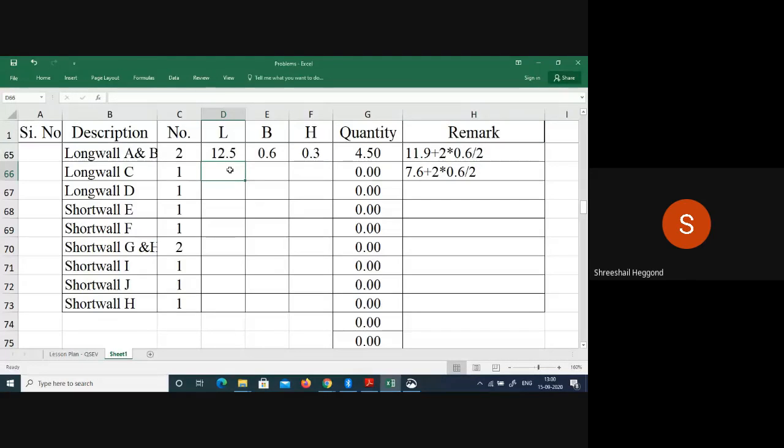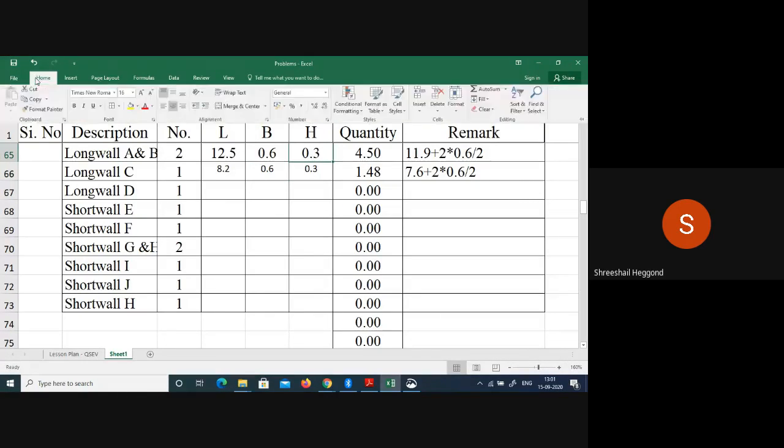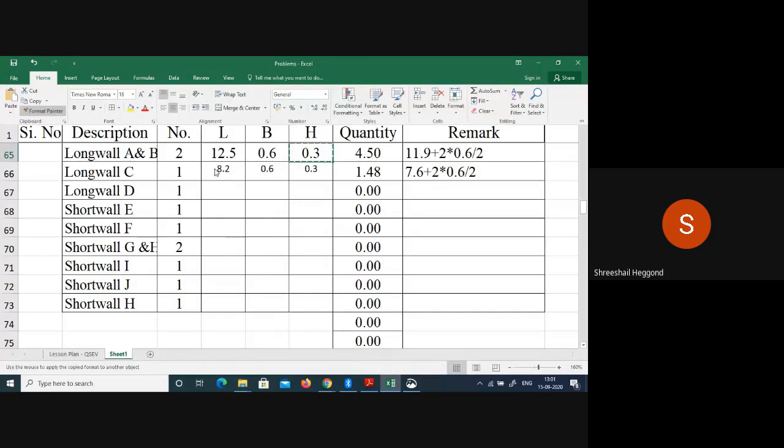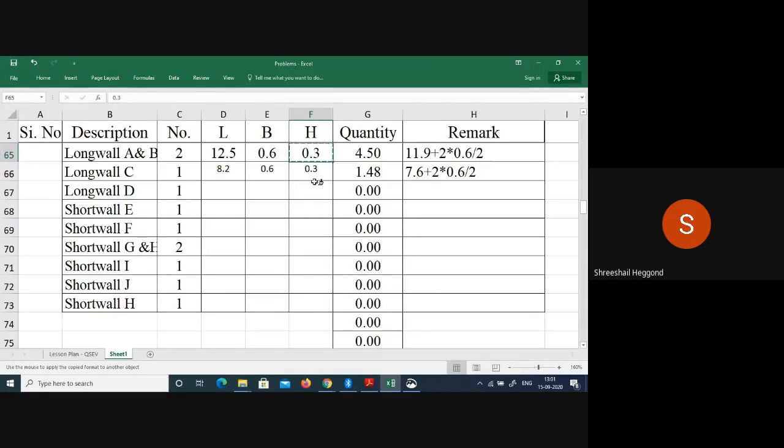It will be length, that will be of 8.2, 0.6, 0.3. Therefore quantity will be of 1.48.